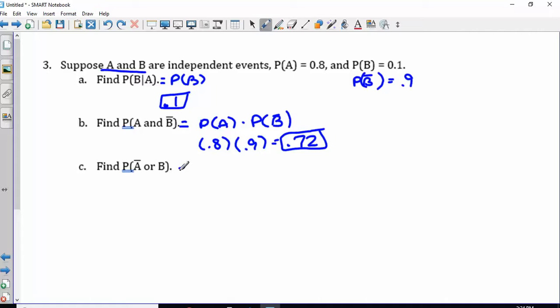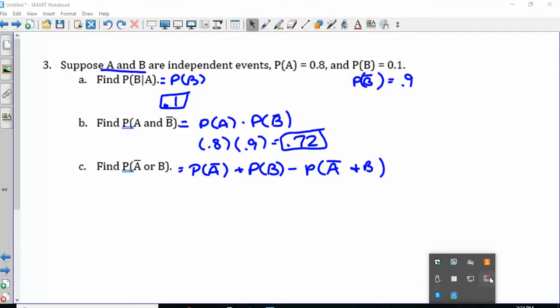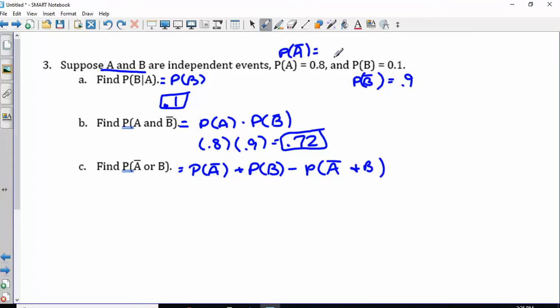Alright, C. Probability of not A or B. So if we use our formula, it's probability of not A plus probability of B minus probability of not A and B. So probability of not A would be what? 0.2 plus the probability of B is 0.1.